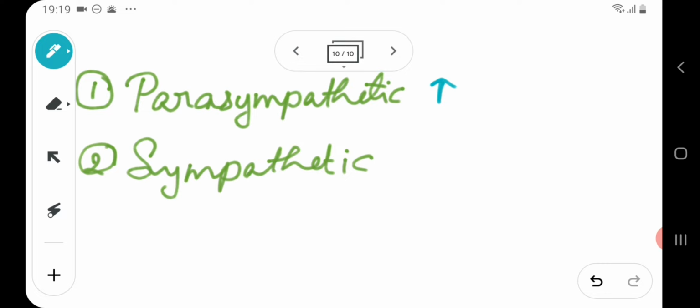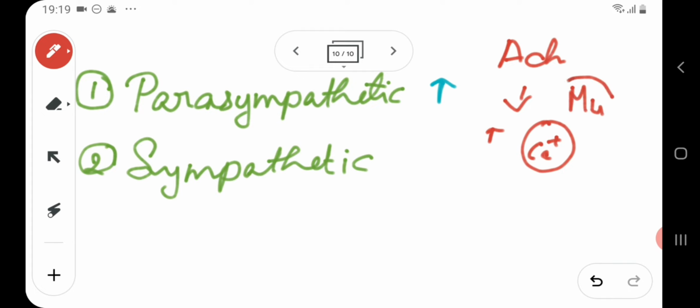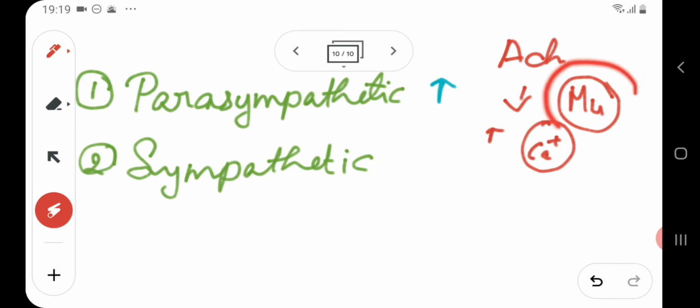How does this happen? Acetylcholine via the M4 receptors increases the intracellular calcium. Thereby, it increases the insulin secretion.